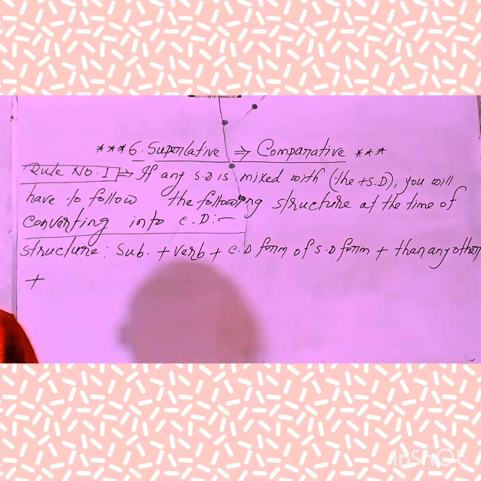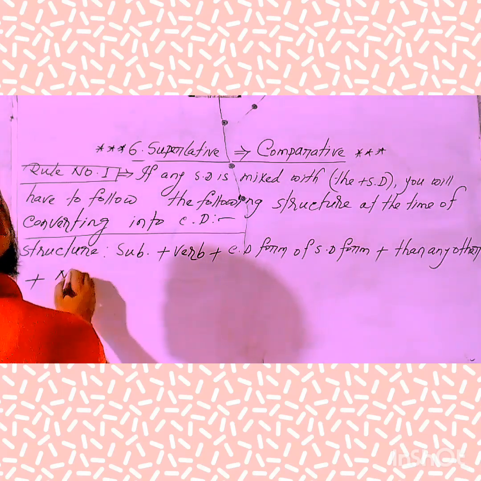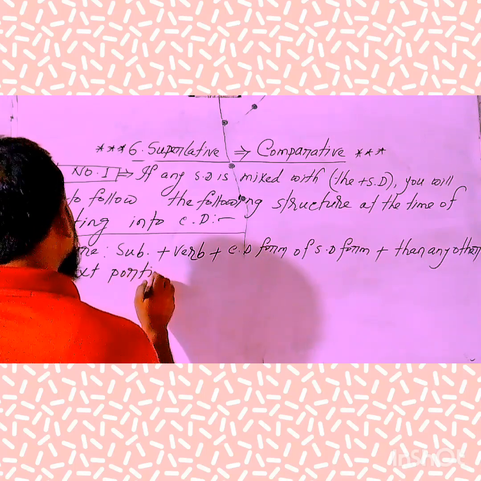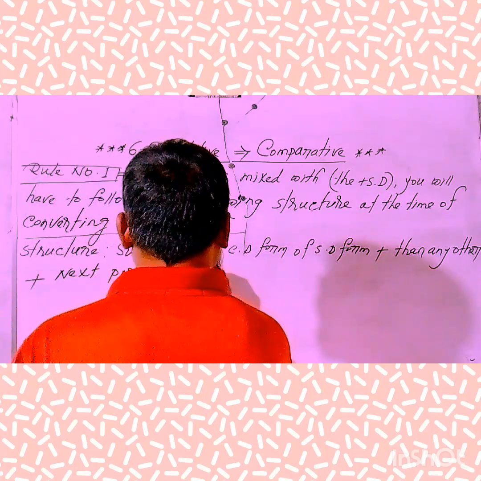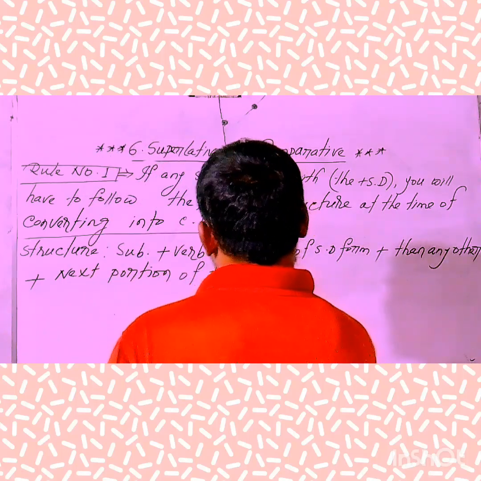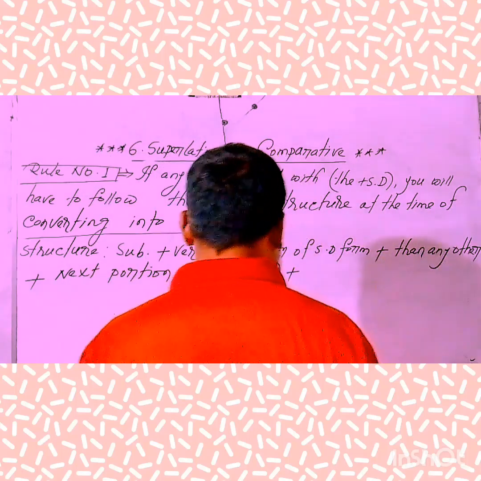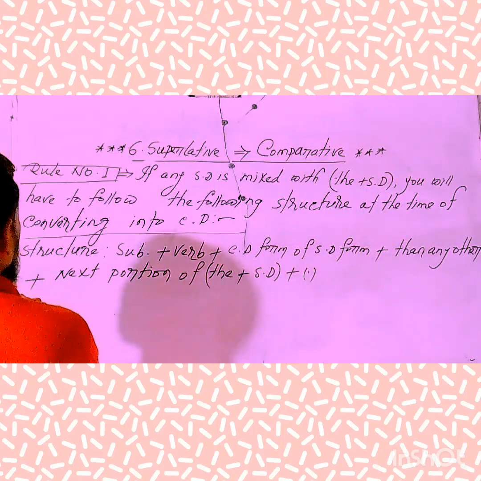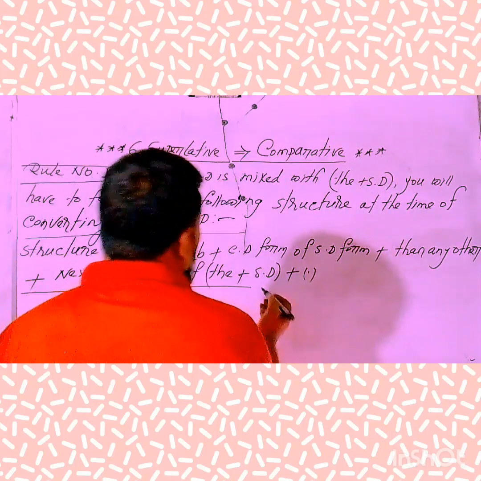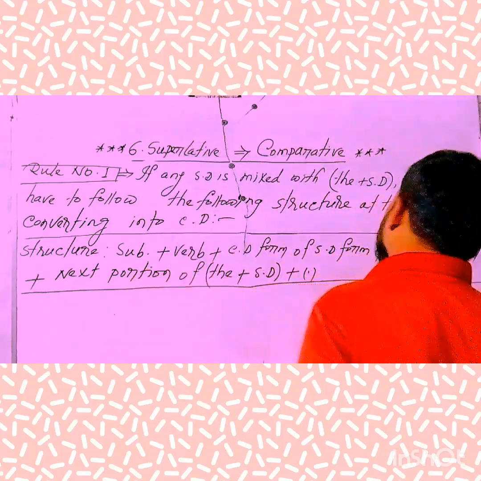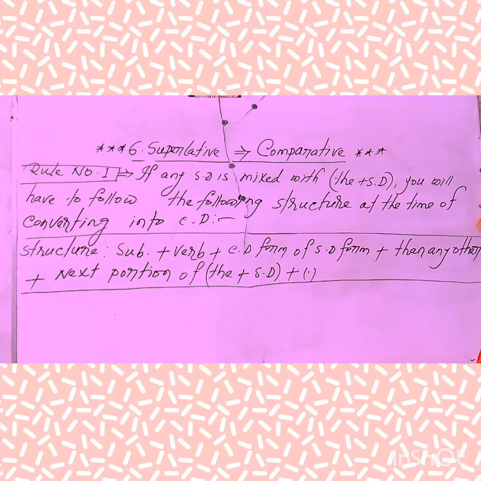Number five, the next portion, the next version of the + superlative, and finally end with a full stop. Okay, my dear learners, I hope you have understood clearly. Now you will have to memorize the structure pattern instantly with me, my dear learners. So look at the board and try to understand.